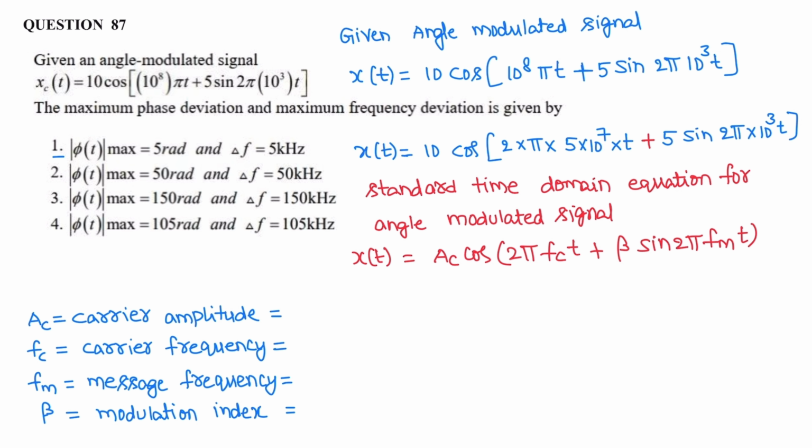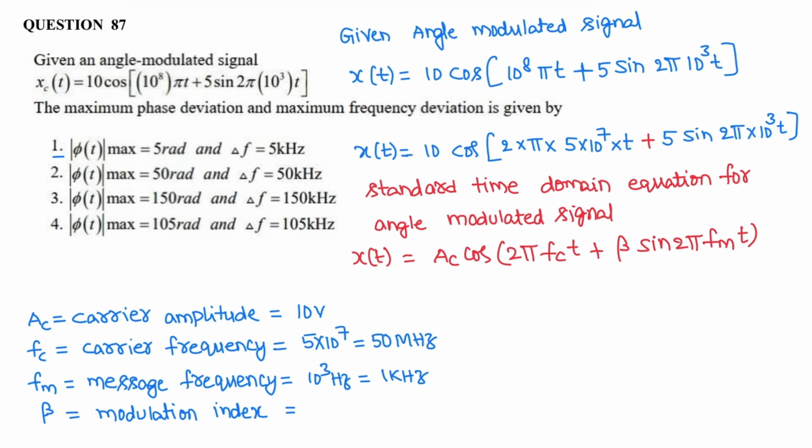On comparison, we have carrier amplitude Ac is 10 volts, carrier frequency is 10 power 8 by 2, that is 5 into 10 power 7, it is 50 megahertz, and message frequency is 10 cube, 1 kilohertz.